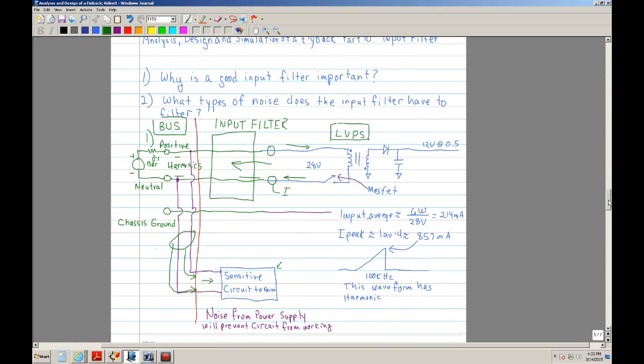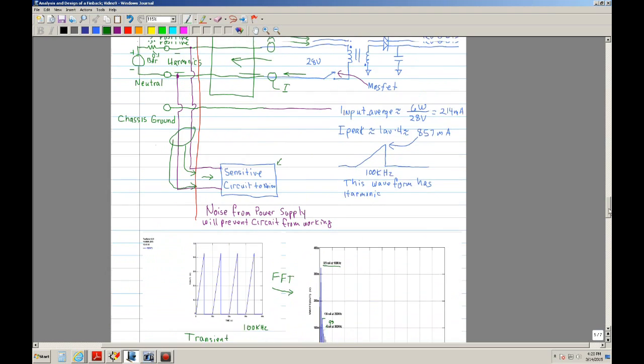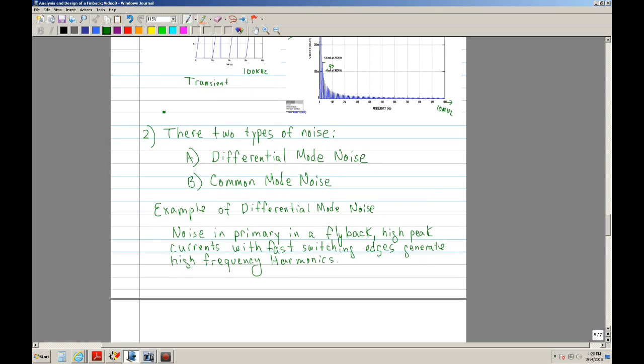Now, what type of noise does the input filter have to filter out? Well, basically there are two types of noise. The first one is differential mode noise, and the second one is common mode noise.